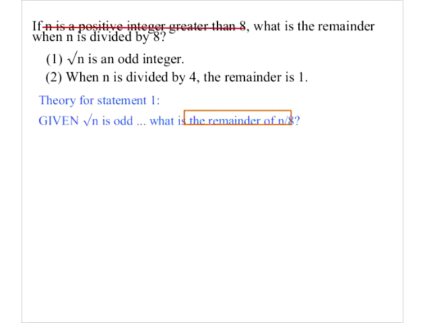What this means, among other things, is how much greater than the nearest multiple of 8. Same logic that lets you create those lists that we saw in the last part. So, if it is a multiple of 8, then the remainder is nothing. The remainder would be 0. If it's 1 more than a multiple of 8, then the remainder is 1. If it's 2 more than a multiple of 8, then the remainder is 2, and so on.